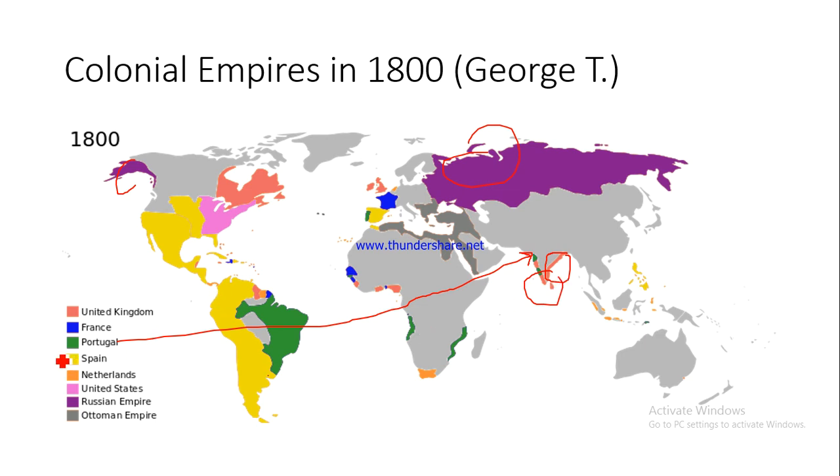Have a look at Spain. Spain was a colonial power which was in the decline phase, but still they had control over not only the Northern American portion, which corresponds to North America of today and Mexico of today, and they also controlled almost half of the South American continent.